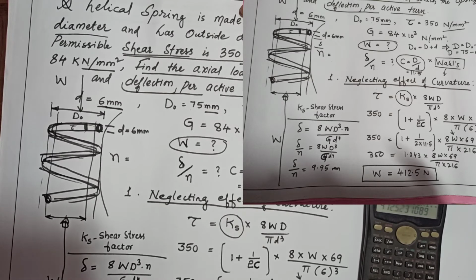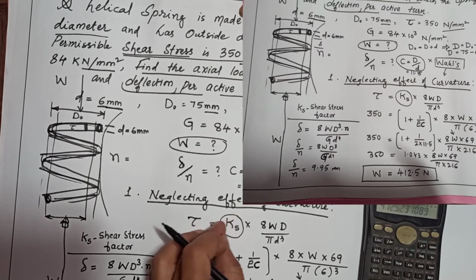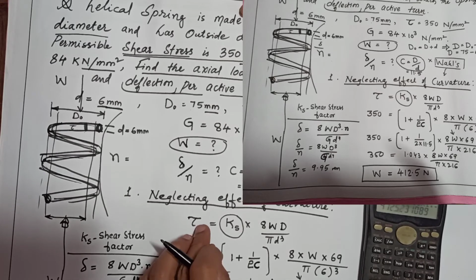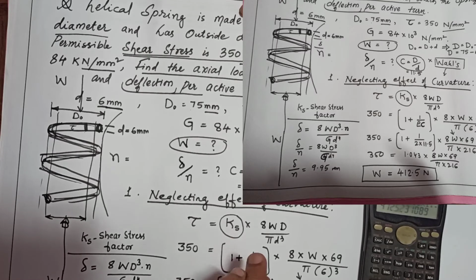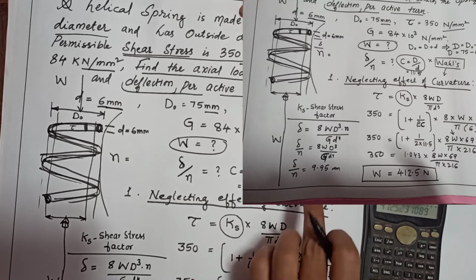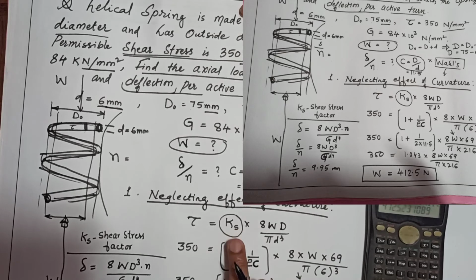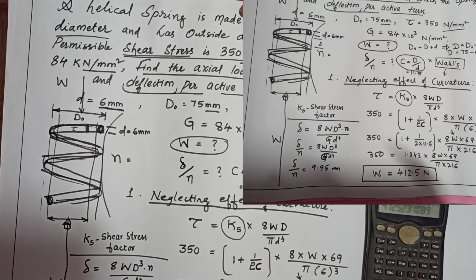This will be the same both by considering the curvature or by neglecting the curvature. There will be no changes in the shear stress equation as well as the delta equation. Only the value of K will change. In the K, Wahl's factor will be taken, and here the Ks means shear stress factor, that is 1 plus 1 by 2c will be taken.